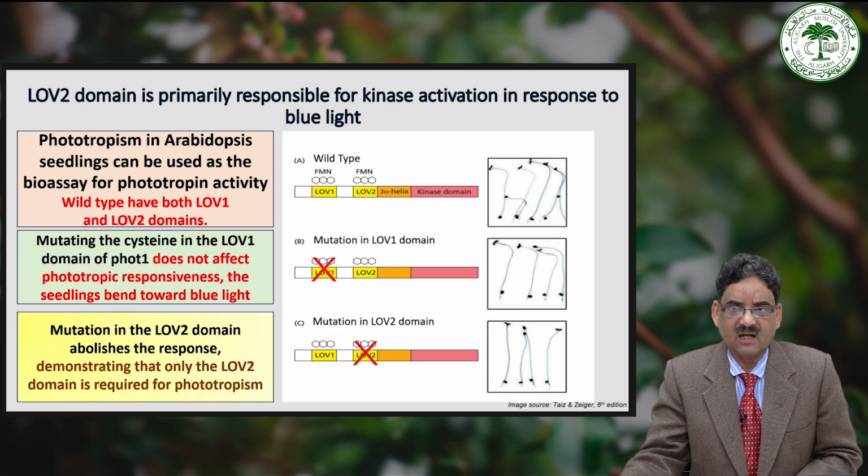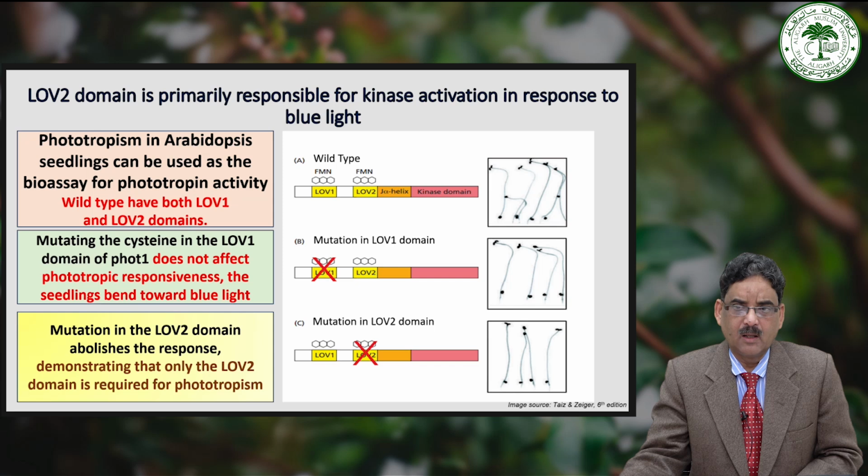The assessment of phototropism in Arabidopsis seedlings serves as a basis to measure phototropin activity. In the wild type, both LOV1 and LOV2 domains are present, thus it shows a normal phototropic response.